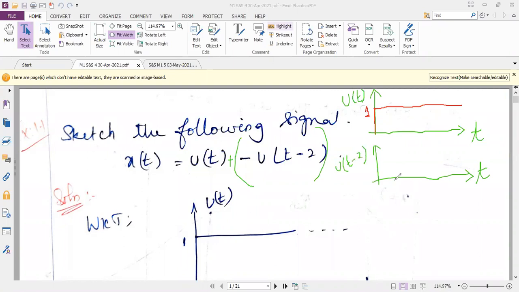So t minus 2 means, can anybody tell me from where I should start, whether it is at the positive side or at the negative side? Please unmute yourself and reply. Otherwise, I cannot understand whether you are understanding or not. So from where I have to start the sketch, tell me, u of t minus 2.